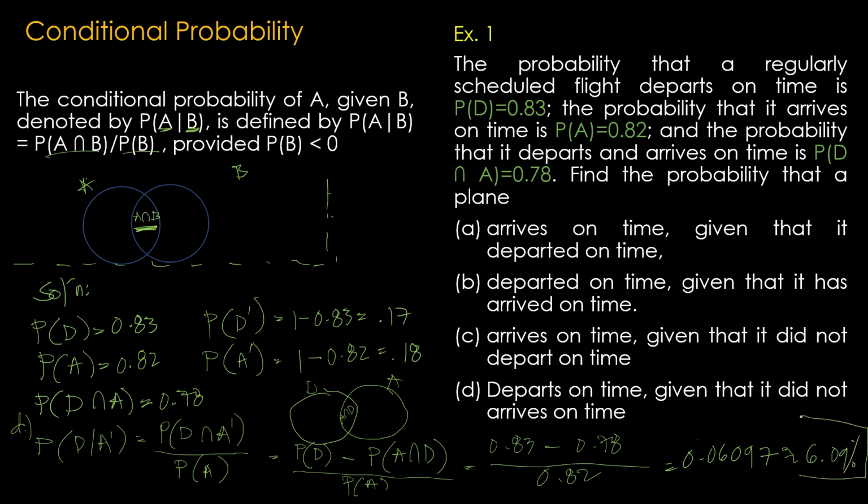So this is the probability that you will depart on time given that the plane will not arrive on time. It is the probability that you can leave on time given that your plane did not arrive on time.